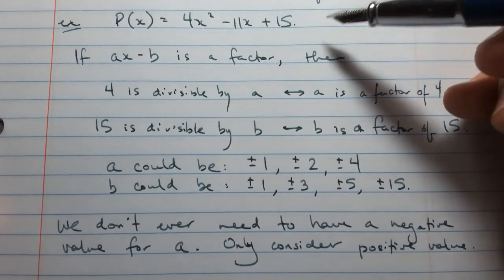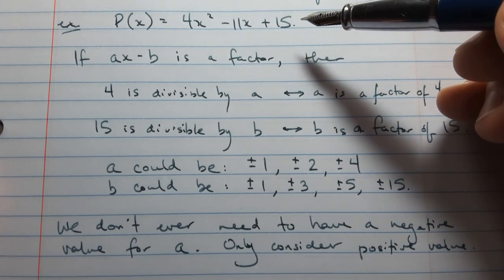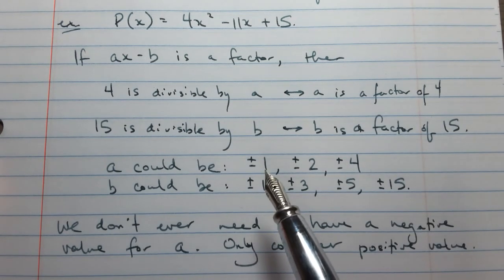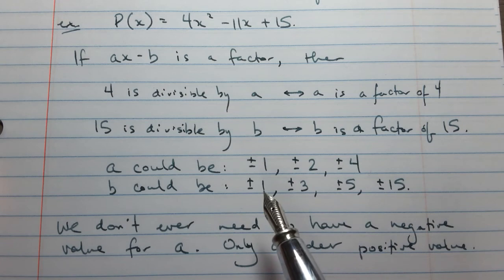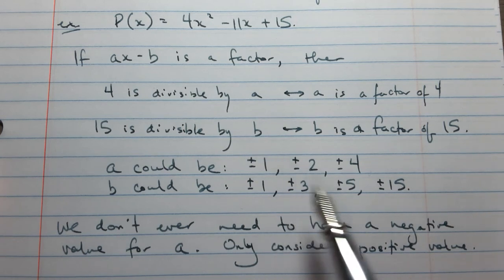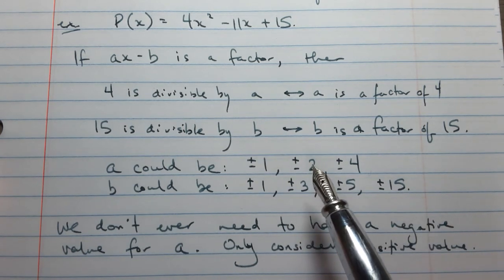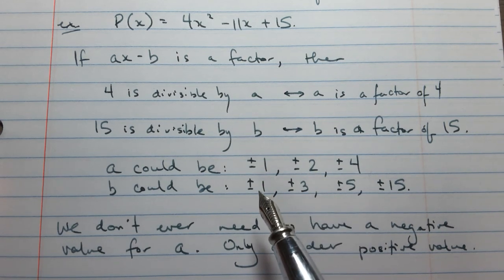So if the question were, what are all the possible factors to consider here, then you can say something like, well, I have to consider 1x plus 1, 1x minus 1, 1x plus 3, 1x minus 3, and so on through all of those, and then 2x minus 1, 2x plus 1, and so on and so on.